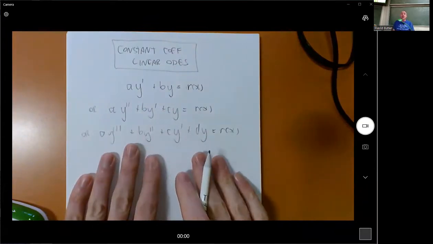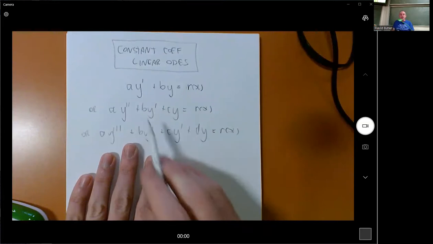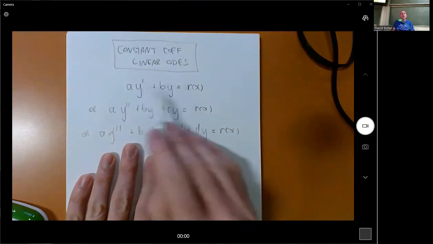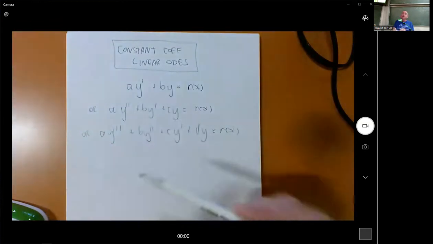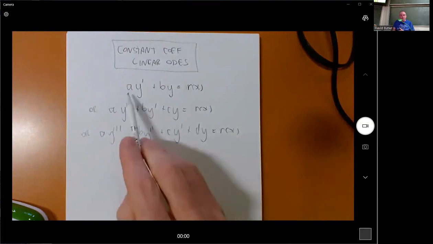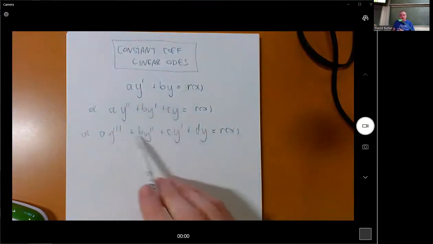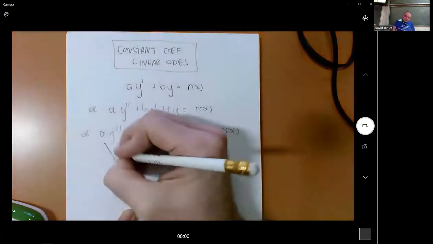They're all linear, and linear means that the derivatives of y appear only as linear combinations, not multiplied by each other, not squared, and they're constant coefficients. So these things here are constants as opposed to functions of x.